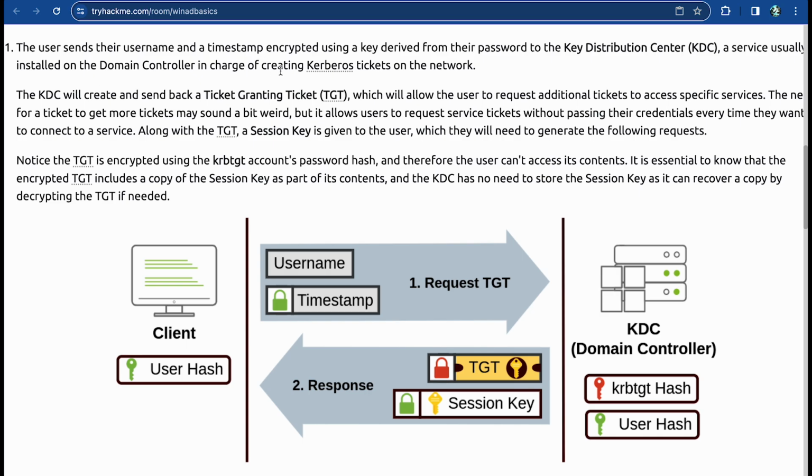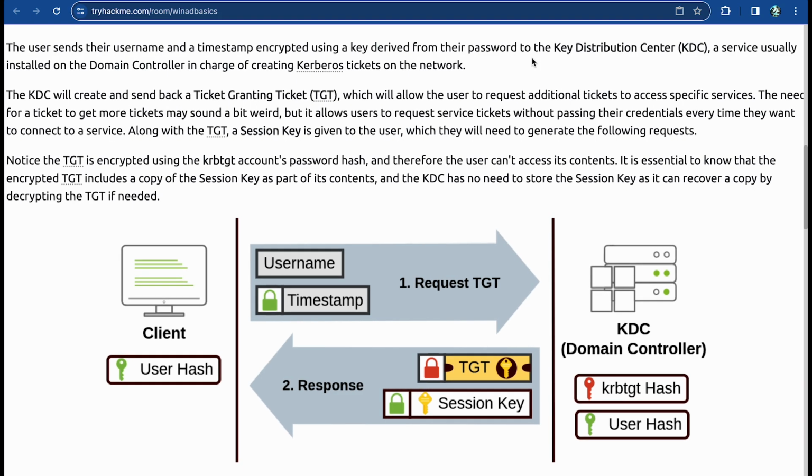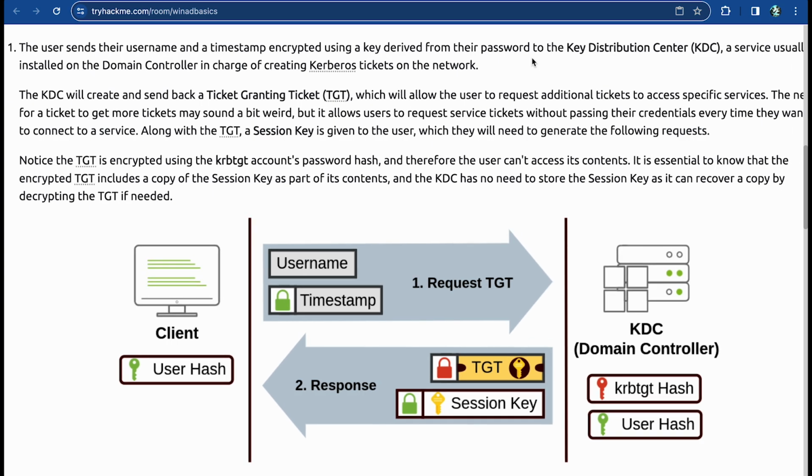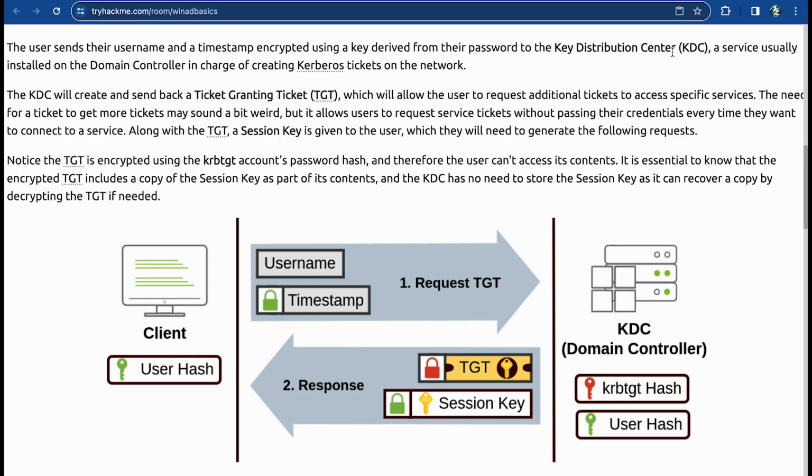It says the user sends their username and a timestamp encrypted using a key derived from their password to the key distribution center, a server usually installed on the domain controller in charge of creating Kerberos tickets. So that's where they send their username and a timestamp encrypted using a key derived from their password.